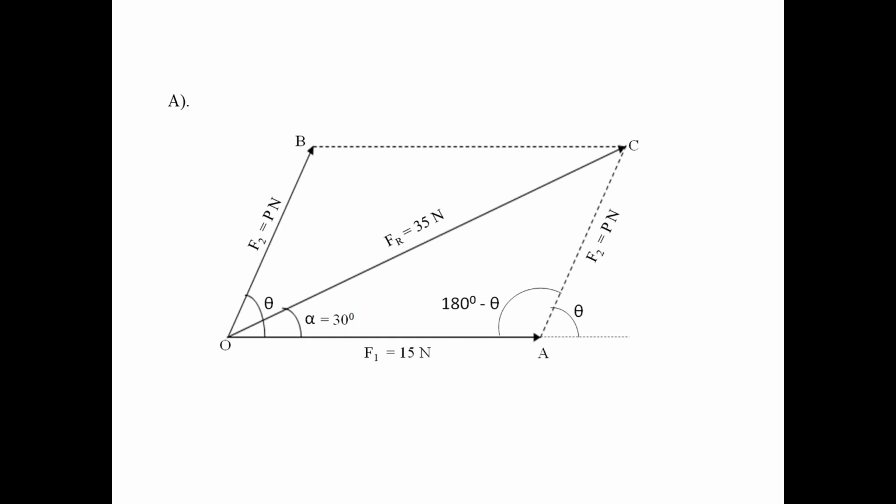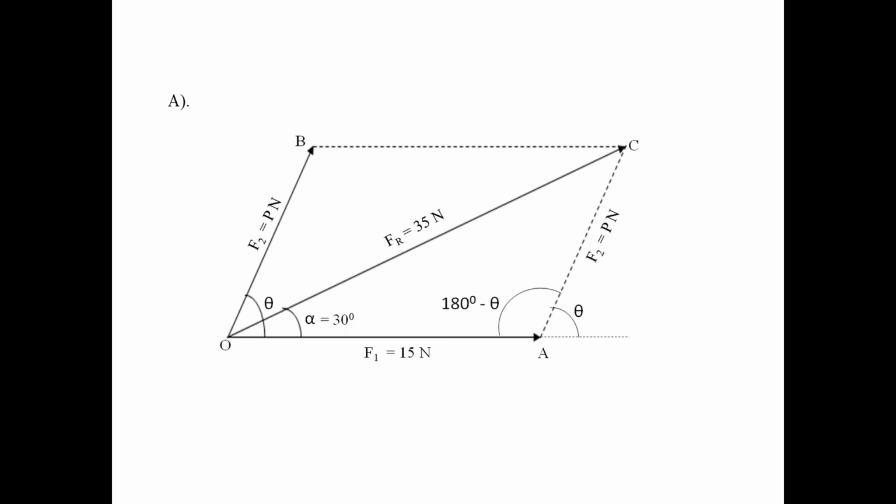As per the given data in the problem, we prepare the parallelogram OABC. OA is force F1, 15 Newton. OB is force F2, P Newton. The diagonal OC is the resultant force Fr, equal to 35 Newton.